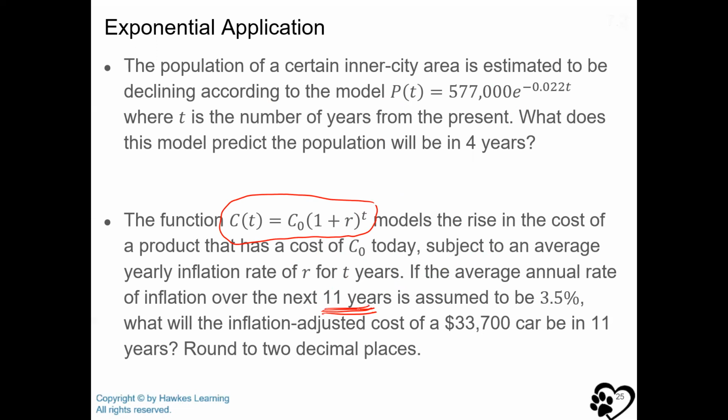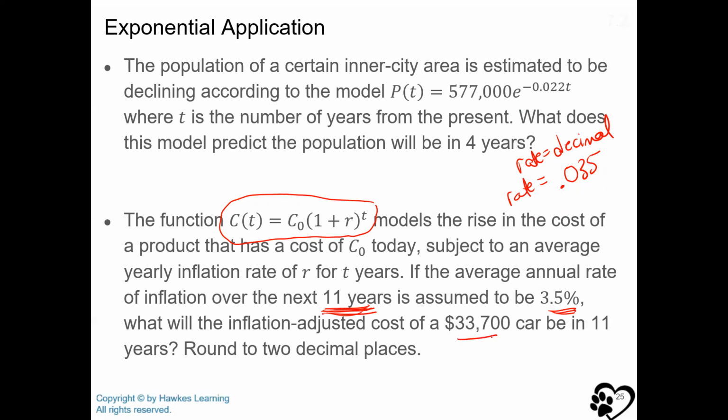There's our time, and there's our rate. Make sure you always change rate to decimals. Always, always, always. You move that decimal 2 places to the left, so our rate is going to be 0.035.